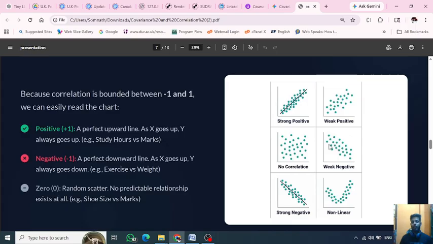This is a weak negative. This is a strong negative, and you can see this one is non-linear. So here also I explain: positive is a perfect upward line, negative a perfect downward line, zero is random scatter like this, no correlation.